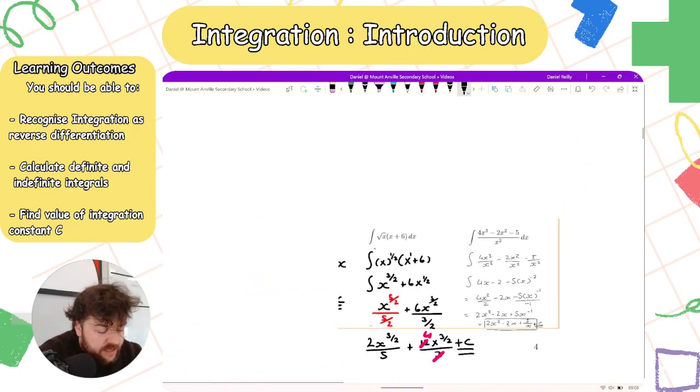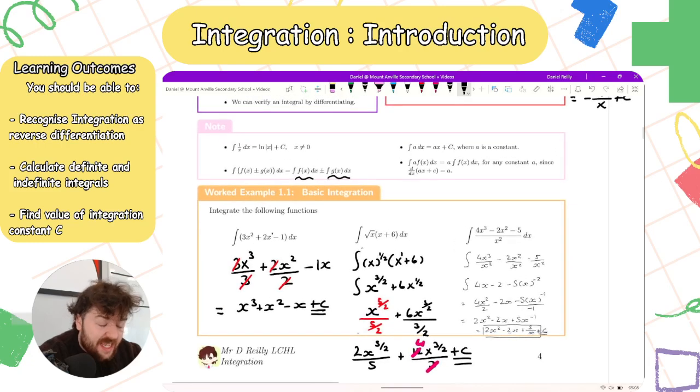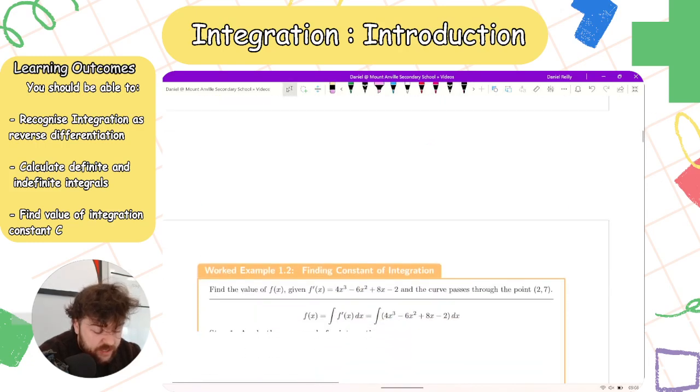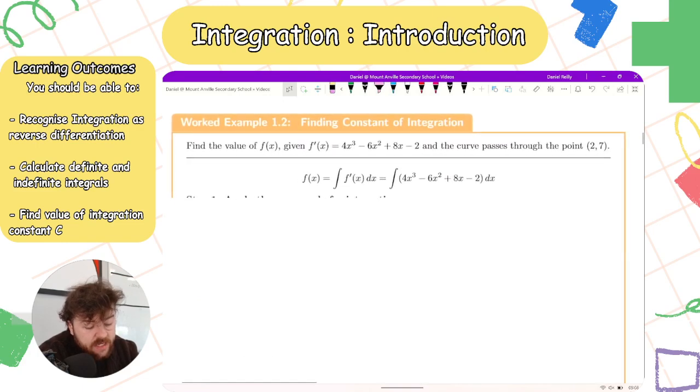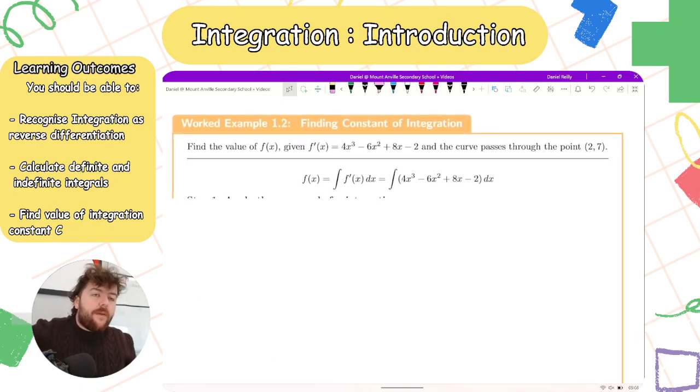Right, so that is just regular old integration of polynomial functions. Now sometimes we can be asked to find what that constant value is. So we're given the derivative of a function, we're asked to integrate it, and then we might have a point that's on the original function.